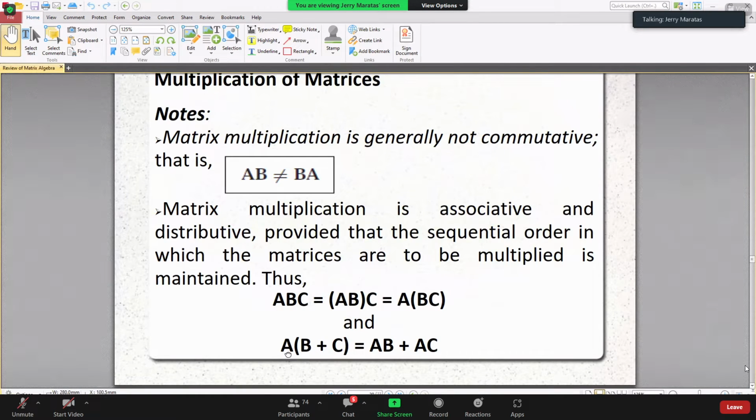Now, if we have matrix A multiplied by B plus C, you distribute, following the distributive property: AB plus AC. Of course, the requirement is that all of them must be conformable.